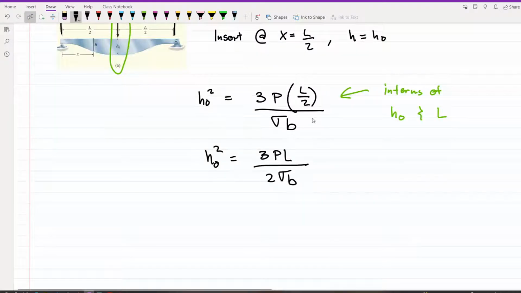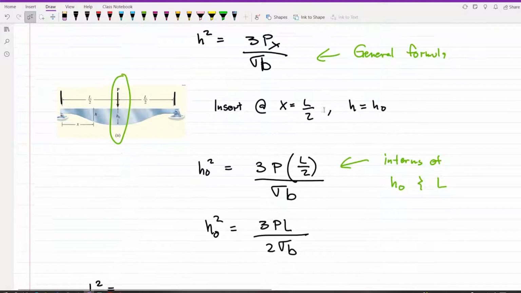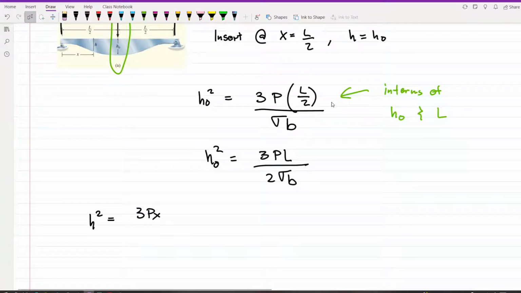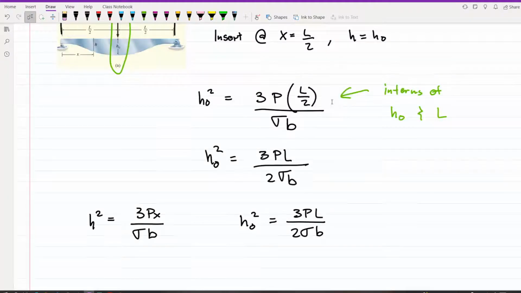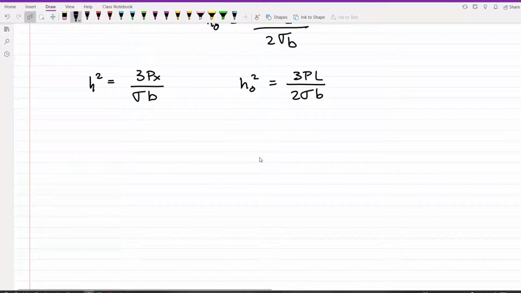Tingnan natin yung general formula. H squared is equal to 3px over sigma b. Tapos meron tayong HO squared is equal to 3pL over 2 sigma b. So, kung titingnan natin, isolate natin tong h squared is equal to 3p over sigma b times x. So, tapos, mapapansin natin, meron din dito nun 3p over sigma b.